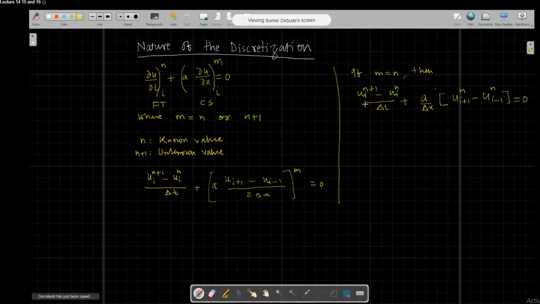Now I want to express in terms of unknown and known. So unknown I'll put here and knowns I'll put on the right hand side, and I can write this as ui n plus 1 is equal to ui n minus a delta t over delta x, u I plus 1 minus u I minus 1.